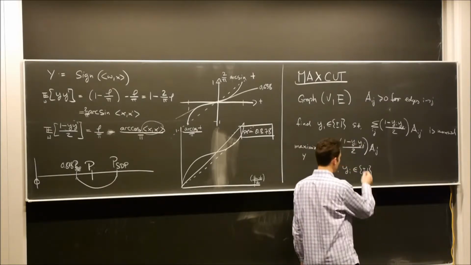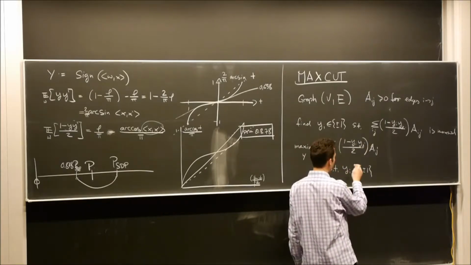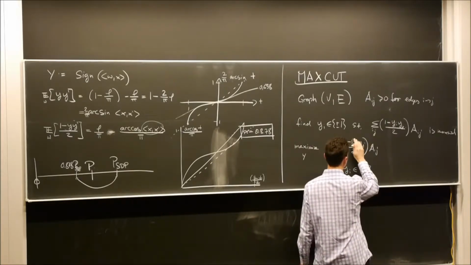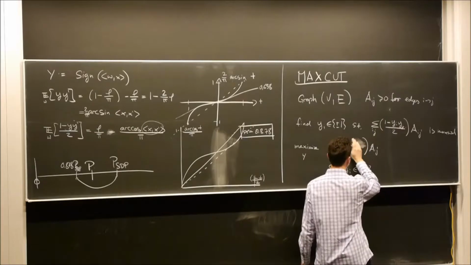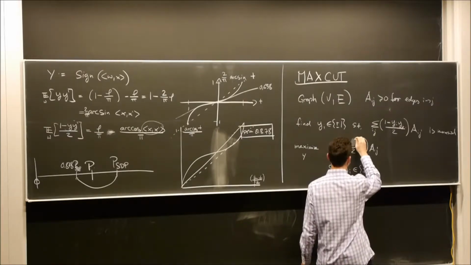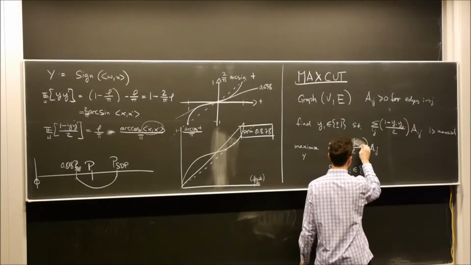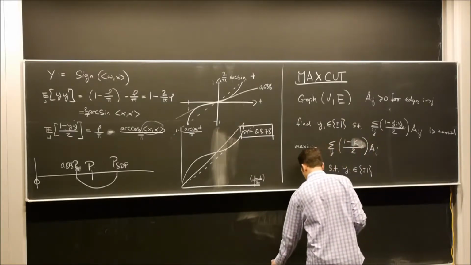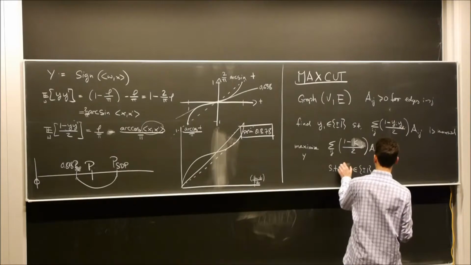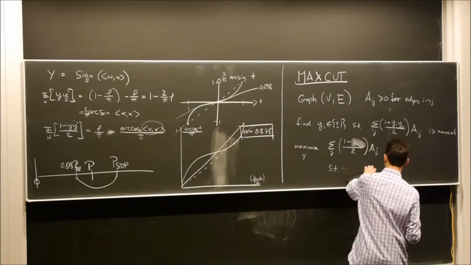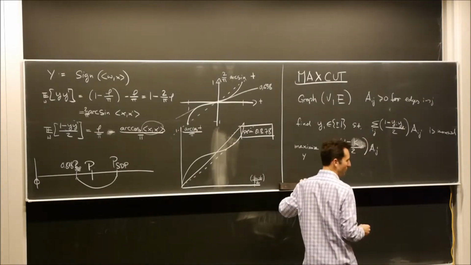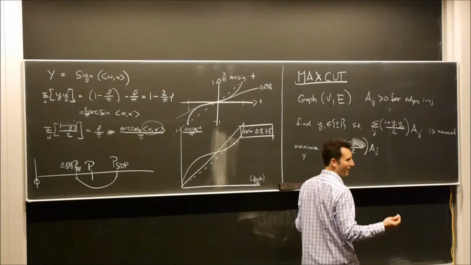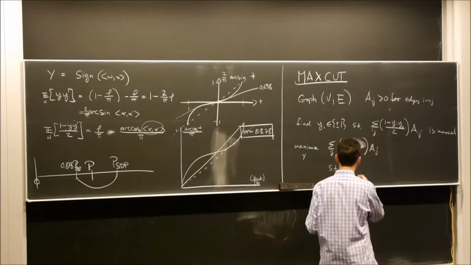Now I'm going to replace this by another matrix K, with entries Kij. And I'm going to require that this matrix satisfy the following conditions. It's not a complete coincidence that I'm calling it K, like kernel.